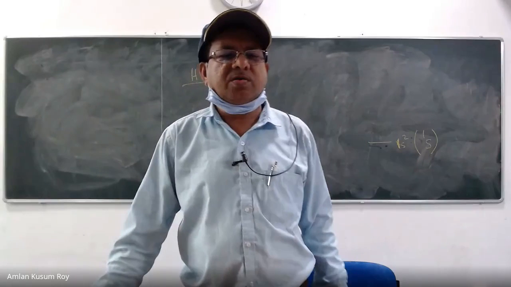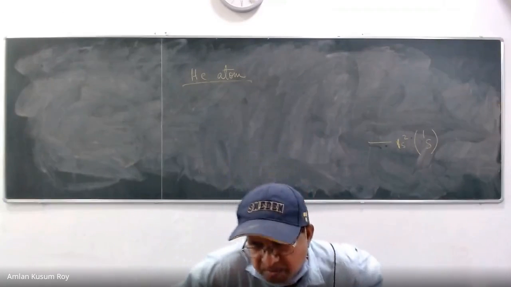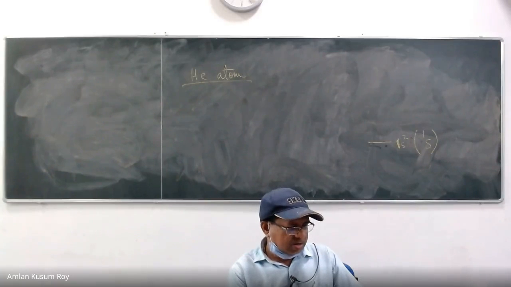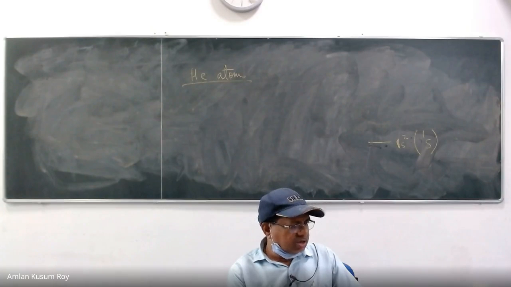So if H0 is that, then what is H? What is H in this problem? Sir, it will be kinetic energy, potential energy of both the electrons plus the interaction term between the electrons. Two electrons. So what is the H0 now? You tell me what is H0?